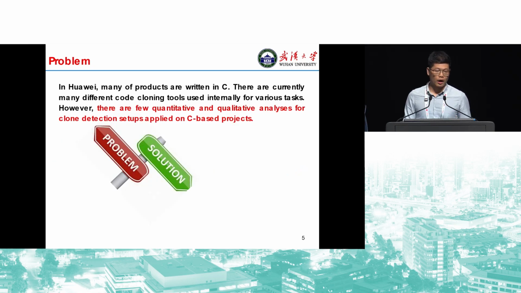In industry, in Huawei, many of the products are written in the C language. And currently, many different kinds of code cloning tools are used for different kinds of tasks. However, there are few quantitative and qualitative analyses for clone detection tasks applied on C-based projects.